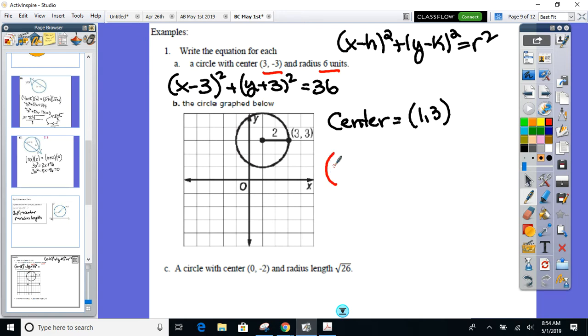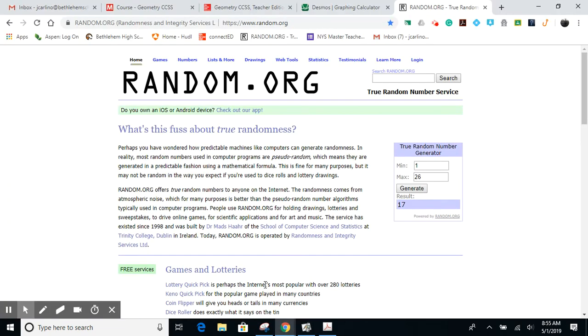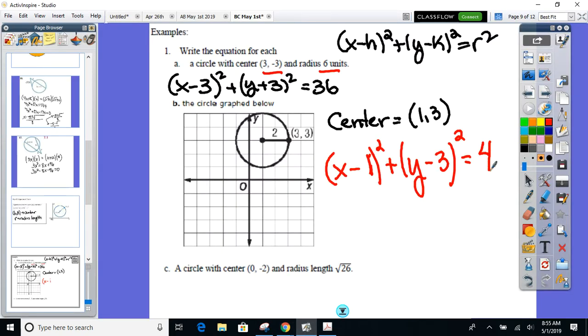So here we go. x minus 1, all squared. Yeah. Keep going for me. Plus, all squared. You're good there. And then I'm going to ask somebody for the right side now. What number goes on the right side? What did I have up here before? 4. Thank you. 2 squared.